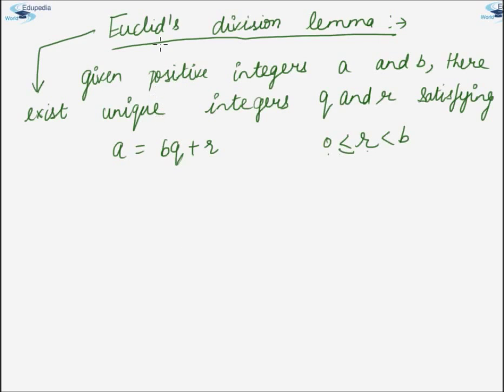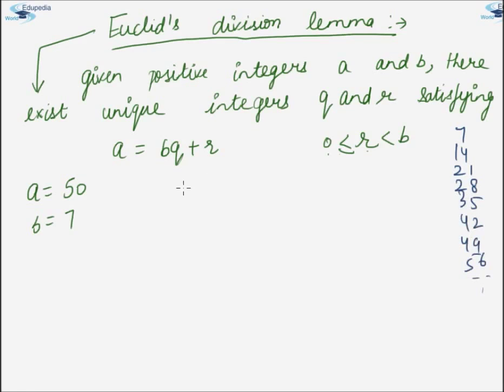Friends, to understand this Euclid's division lemma, let us take an example where a is 50 and b is 7. The multiples of 7 are 7, 14, 21, 28, 35, 42, 49, 56 and so on.